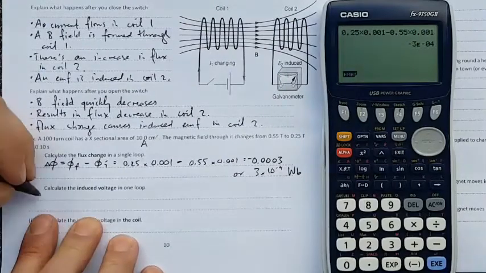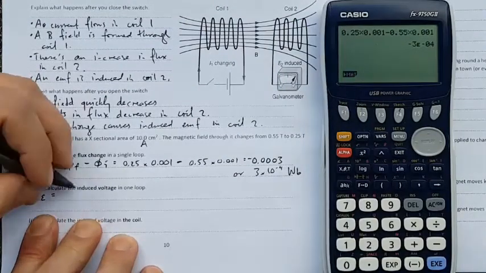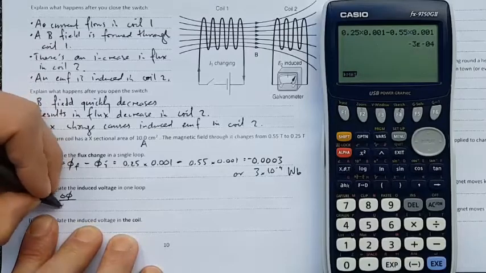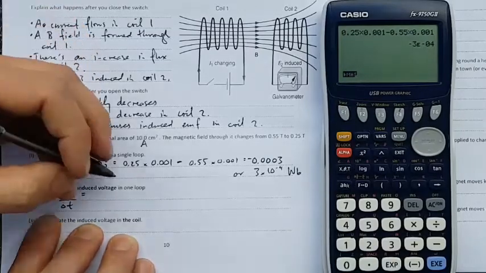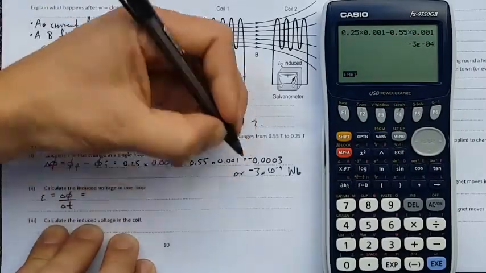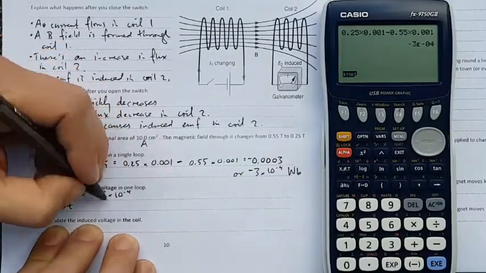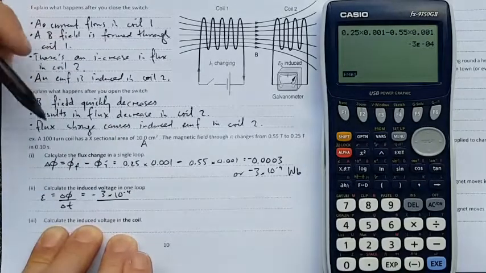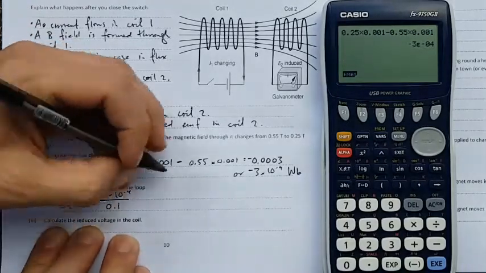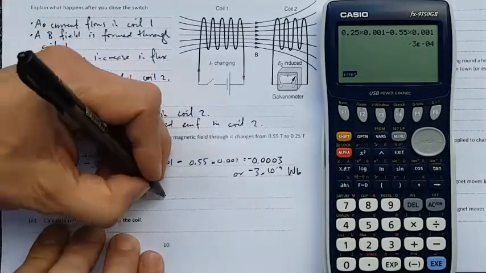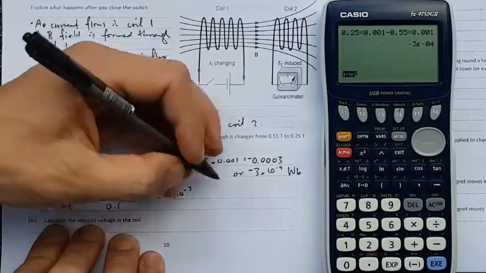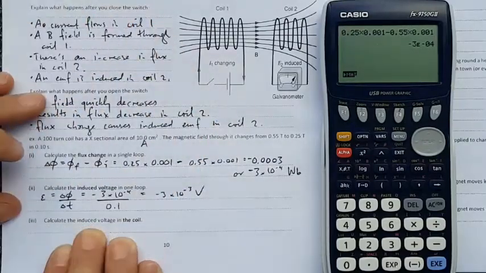Induced voltage in one loop: we know that EMF induced is equal to delta phi over delta t, which is negative 3 times 10 to the minus 4, and the time it took was 0.1 seconds, so that's equal to negative 3 times 10 to the negative 3 volts.